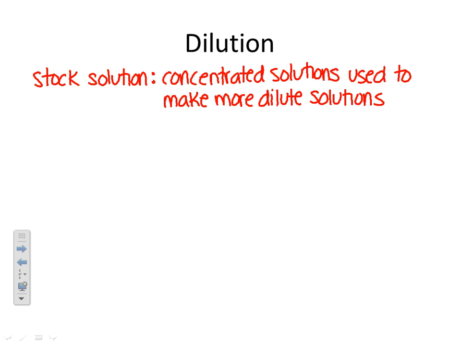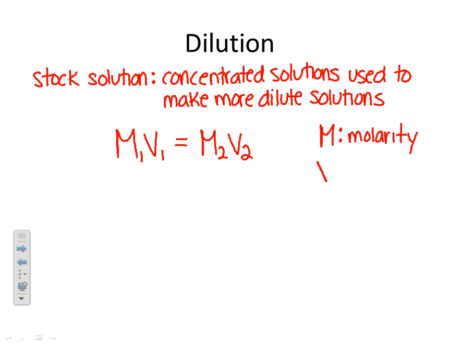So you simply add water to the stock solution to dilute that solution to make the concentration lower, or to decrease the molarity. So there's a simple formula for doing dilution mathematics, and that is M1 V1 equals M2 V2. So the M's are molarities, and the V's are volumes.